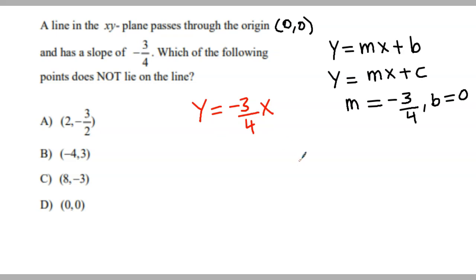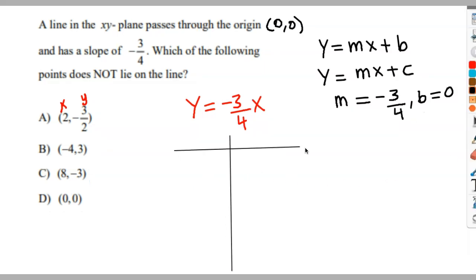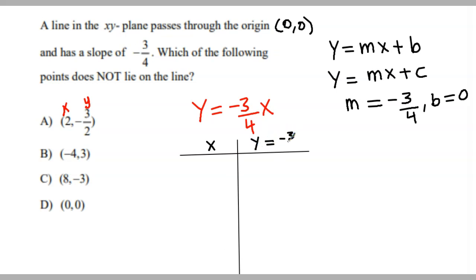Now we're going to test the points. Remember, we have to use the multiple choices to check which one doesn't lie on the line. The first number is x and the second is y. We do the input to see if we get the y component. You can create a table if you want, with x and y. We use the point with x equal to 2.